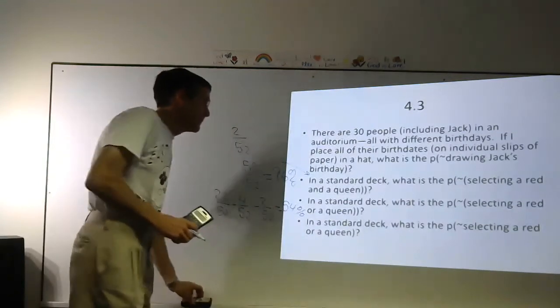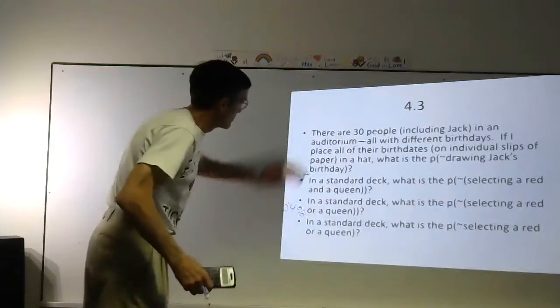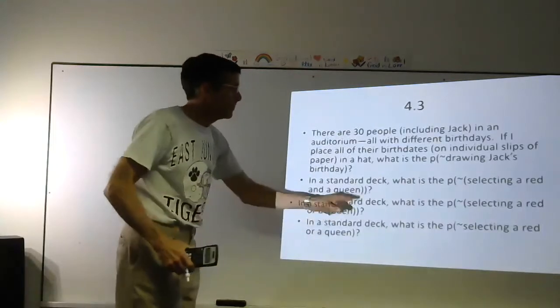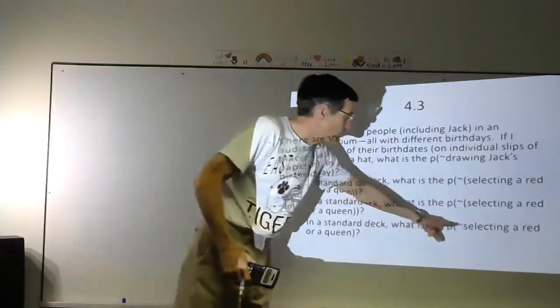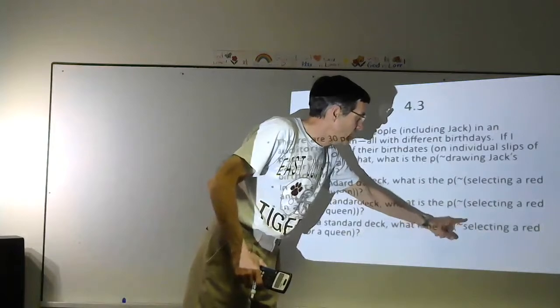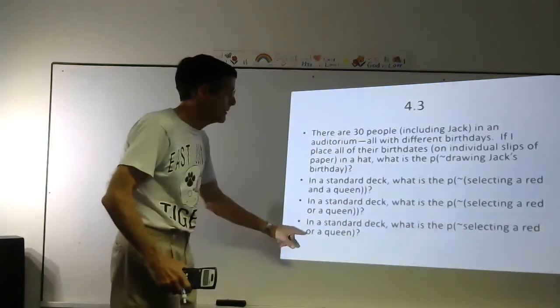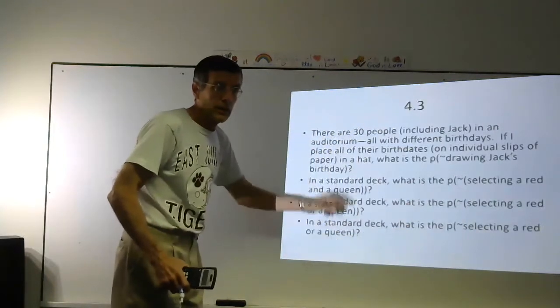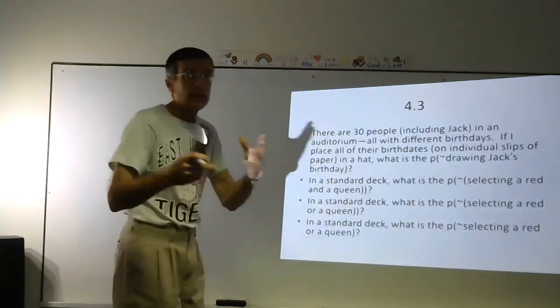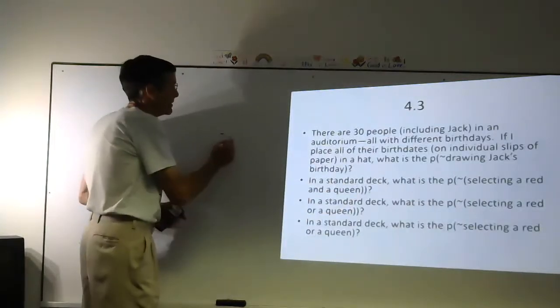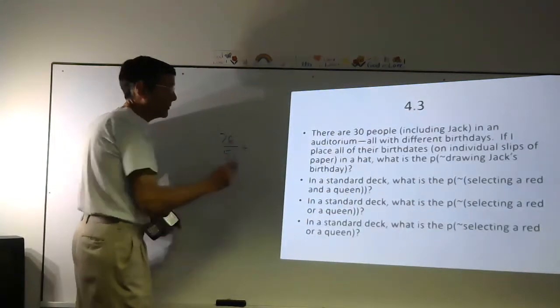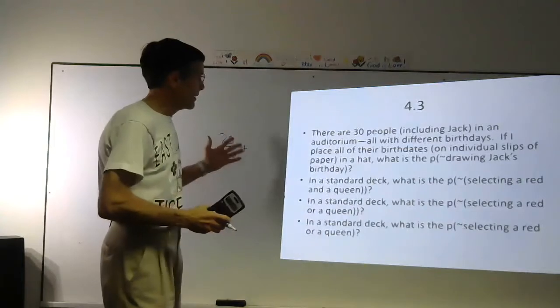How about the last one? What is the probability of, now notice there's no inner parentheses, not selecting a red, or a queen. Not getting a red would be getting a black. 26 out of 52. It's an OR. 26 black cards.